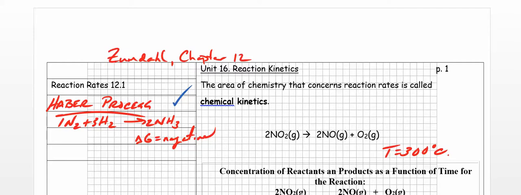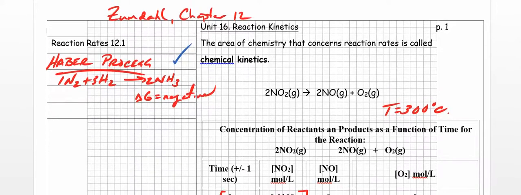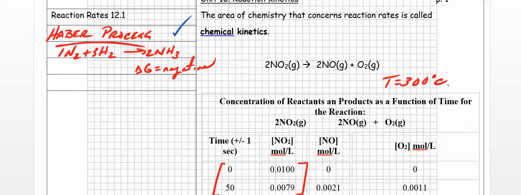So let's take a look now at another reaction, and this is the decomposition of NO2, nitrogen dioxide. This is an important pollutant, and it will decompose into nitric oxide and O2 in this process right here. So notice that it is a 2 to 2 to 1 mole-to-mole-to-mole relationship.